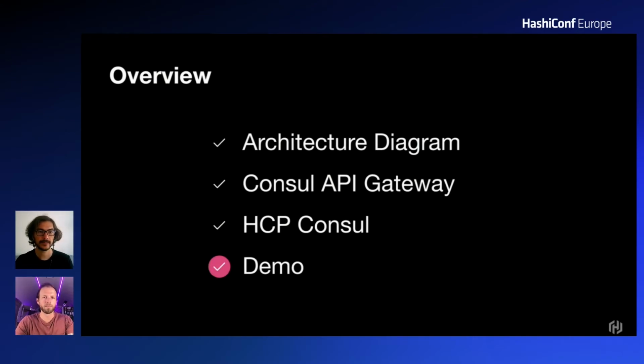Yeah, good question. So yes, basically Consul API Gateway and this pattern in the Consul service mesh can be configured on any cloud provider with managed Kubernetes. However, HCP Consul supports two providers today. It supports AWS, and we just launched HCP Azure.